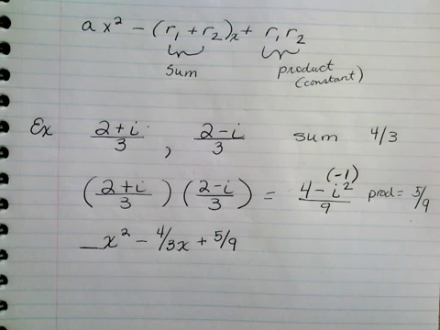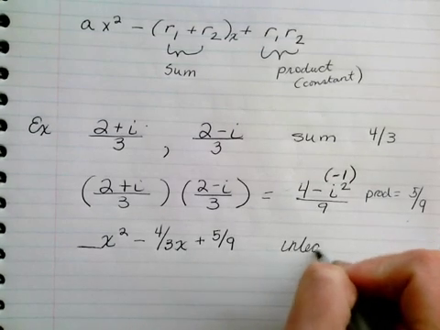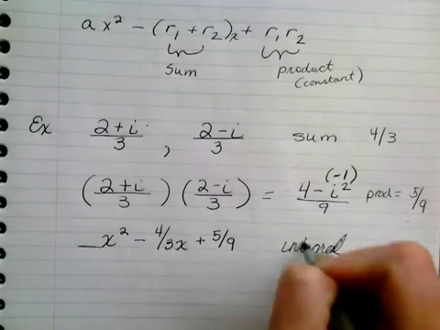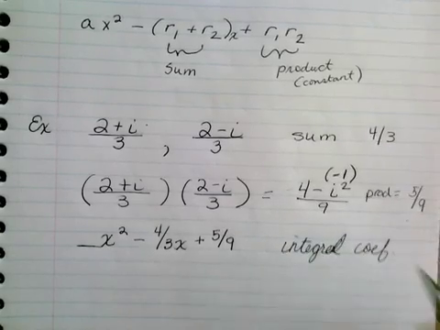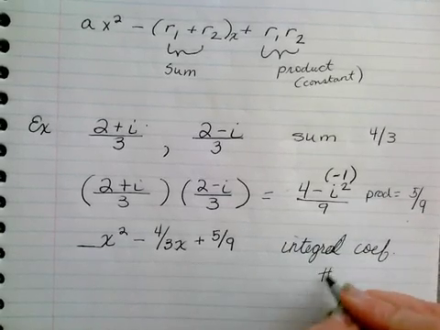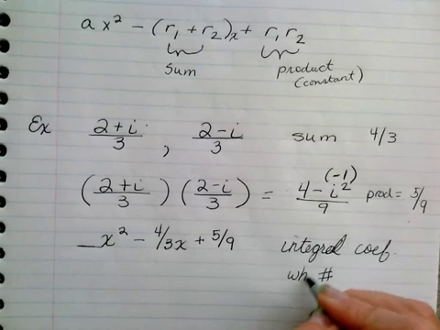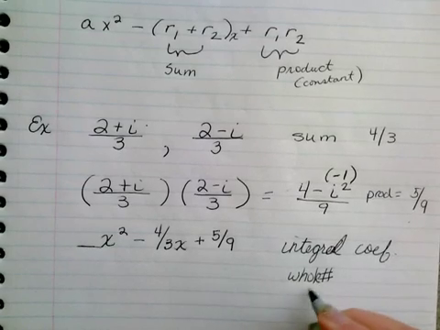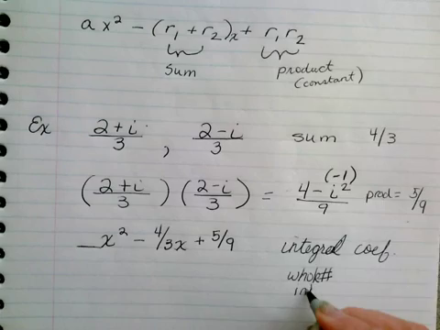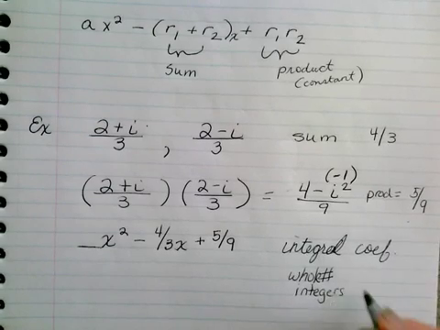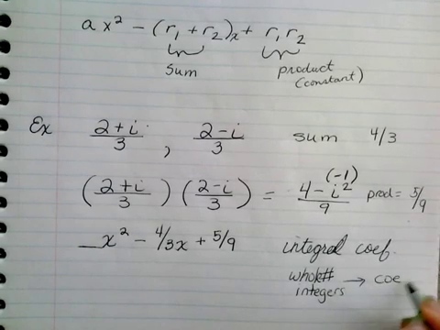This quadratic has fractions, and normally you are going to be asked to have integral coefficients. I'm going to see if I can find where it's written for the first time. Yes, on page 342 in the instructions, it says you need integral coefficients. What does that mean? That means whole numbers, and of course if it's negative, integers as coefficients.